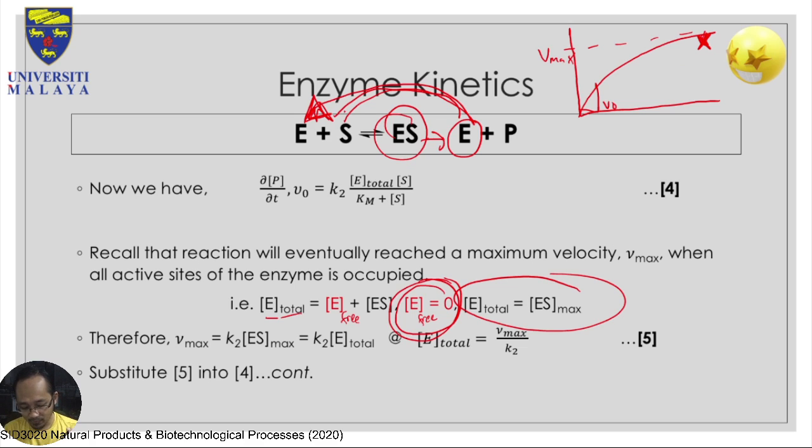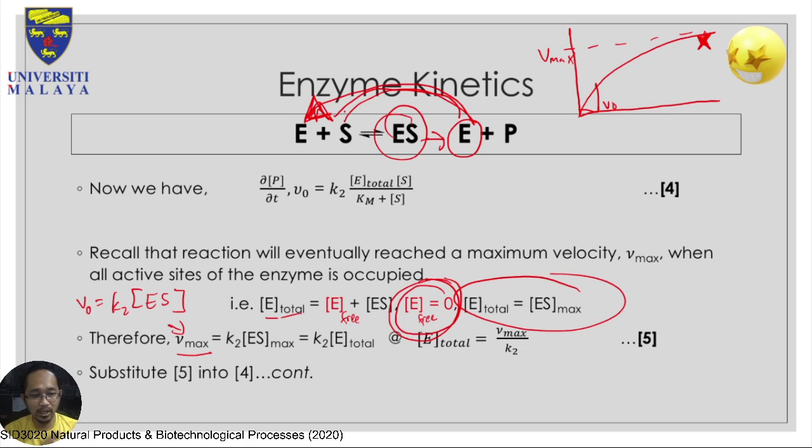And therefore your Vmax: previously we looked at V naught equals K2 times ES, correct? So this one is V naught, and another expression is Vmax. It's simply a substitution of V naught and Vmax.